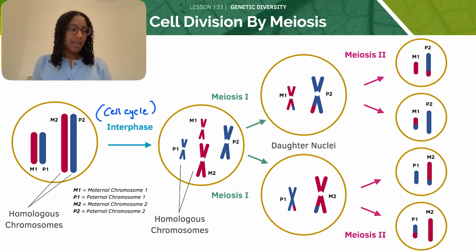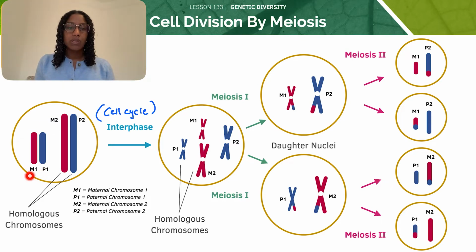In interphase, we get a copying of the DNA. The DNA unravels and replicates, so there are 2 copies of each chromosome, called chromatids. For example, let's have a look at this. This is chromosome number 1, of which we have a maternal chromosome number 1 and a paternal chromosome number 1.